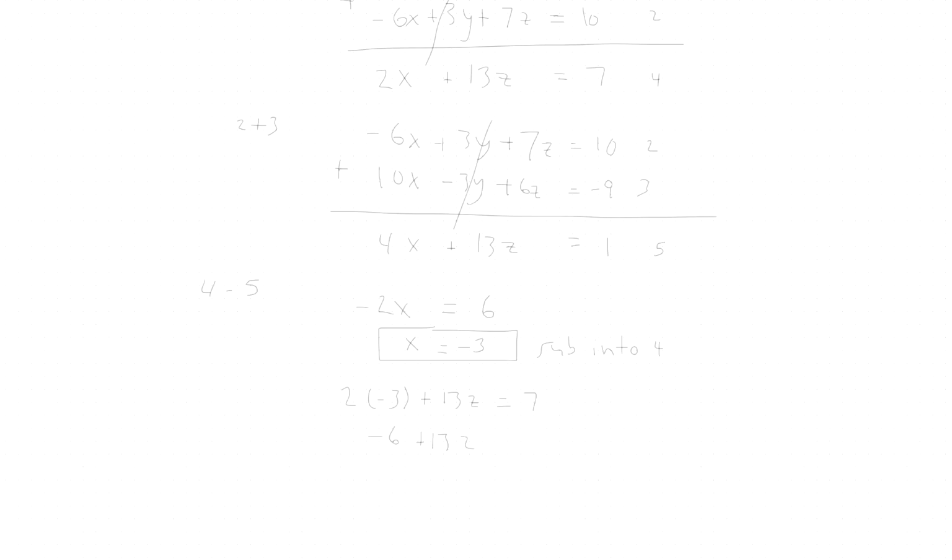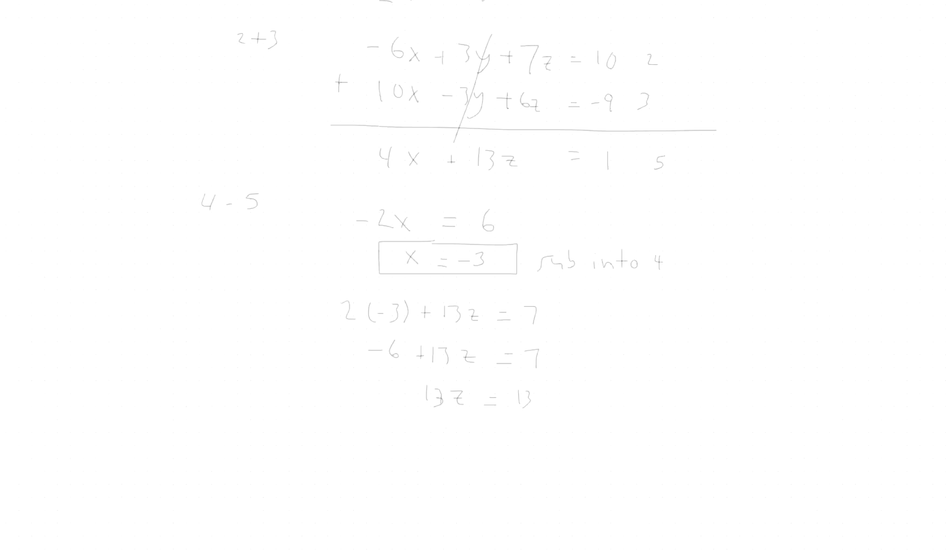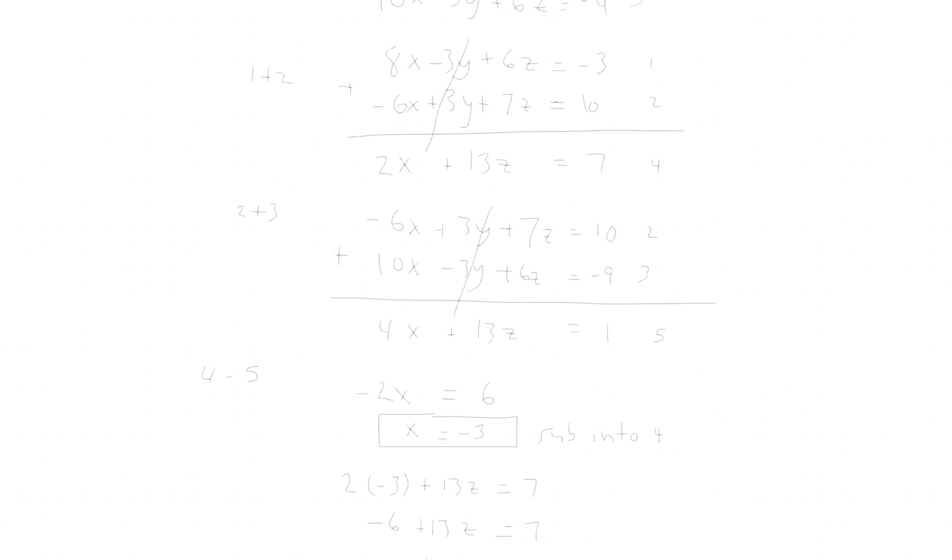So 13z equals 13. So what's z? Z equals what? Well, we divide both sides by 13. 13 divided by 13 is 1. Okay, so we got x, we got z.